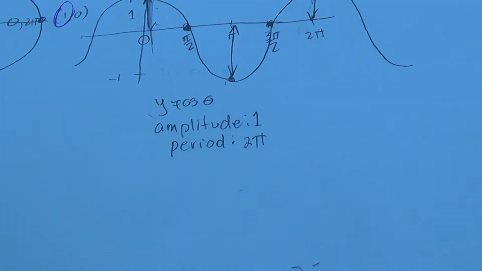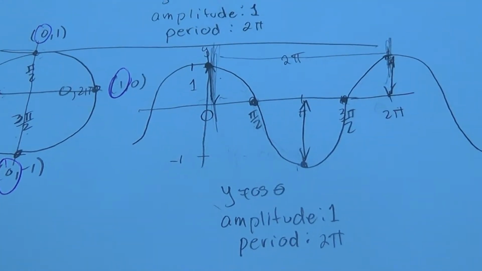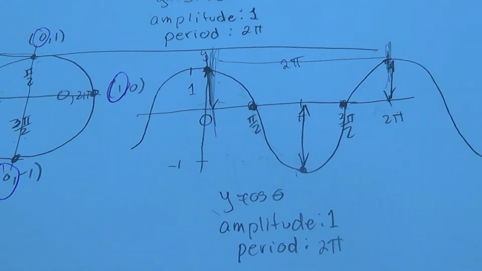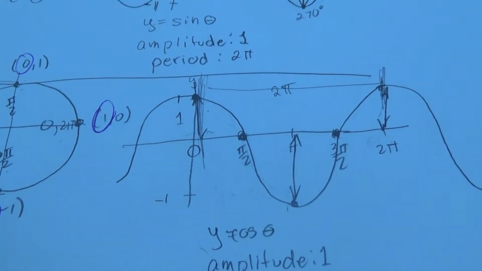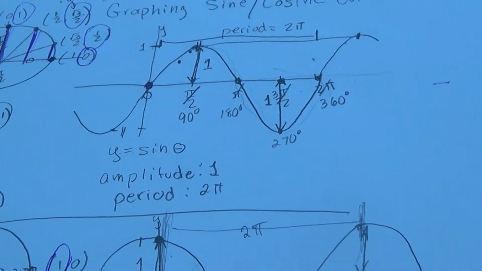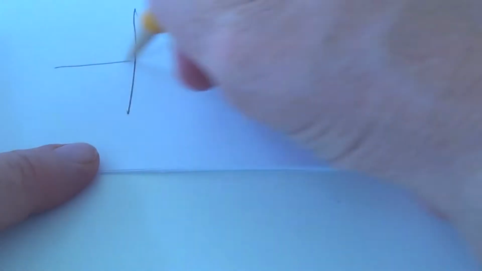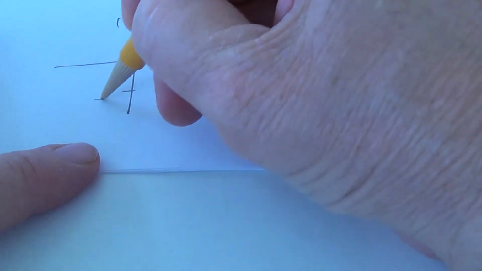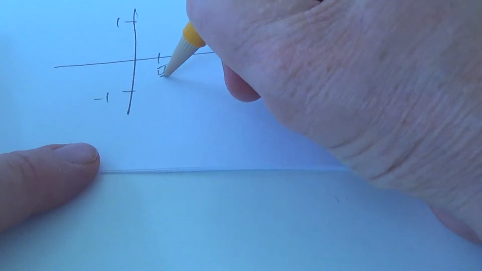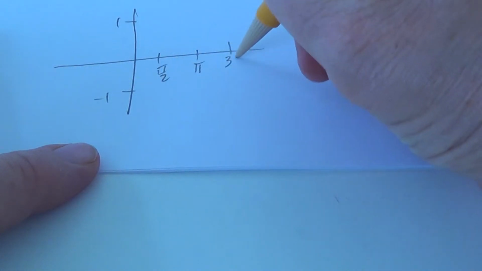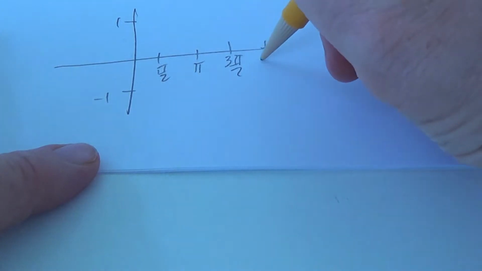So here's our cosine curve, which on demand you have to be able to reproduce. So when I say give me a sine curve, you'll go up to 1, down to -1, you put in the tick marks like that.